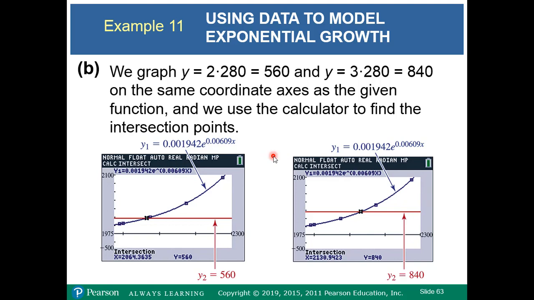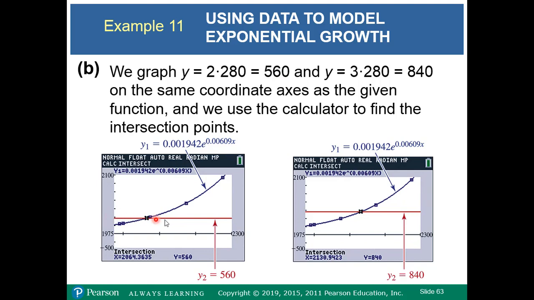So now what we do is we graph double 280 parts per million, which is the starting point. We want to find where it's double. So we're going to graph it as a horizontal line. We take y equals double this, or 560, and that's going to be the red line.